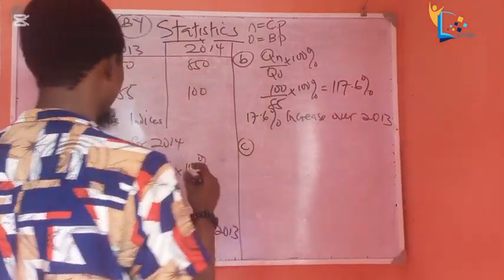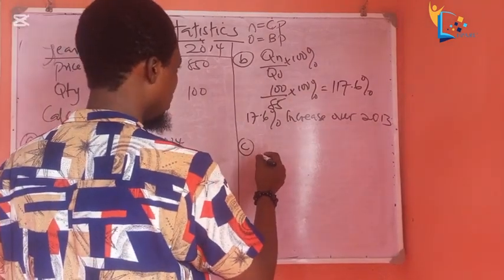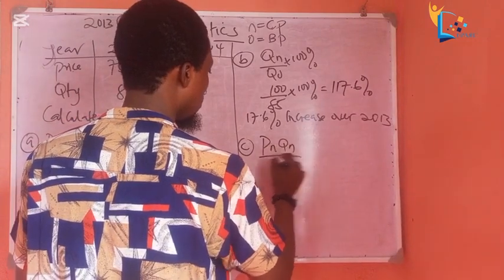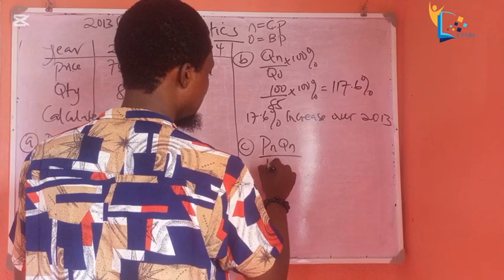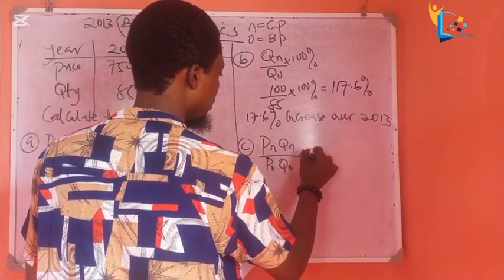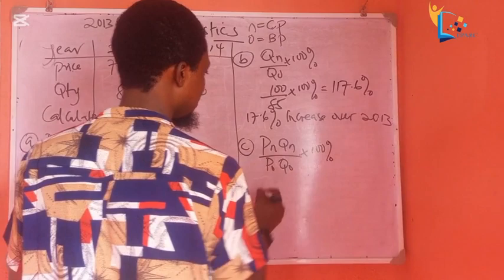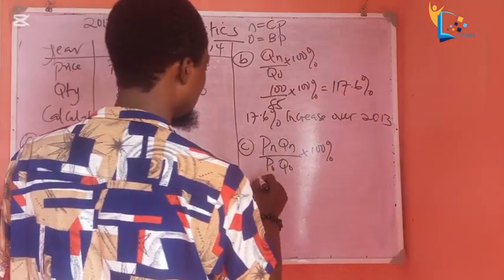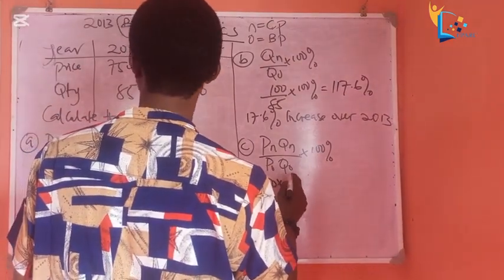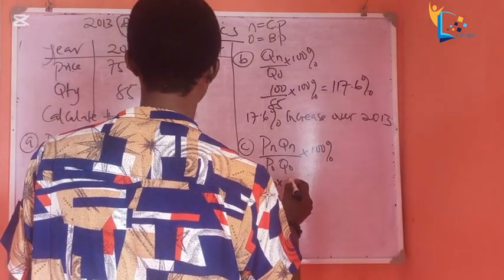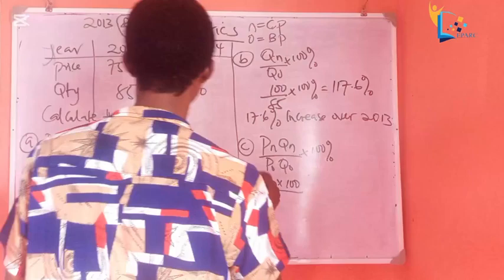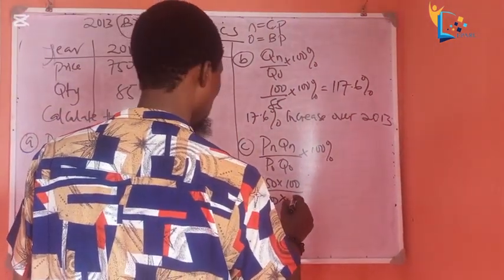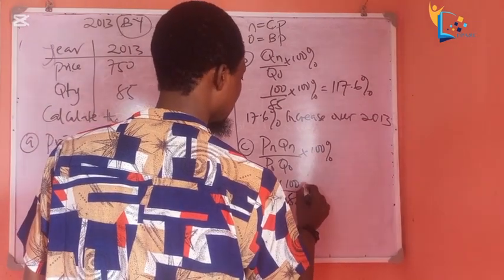Then the last but not the least, the value index. We have PN QN all over PO QO times 100%. Okay, so PN here is 850 times QN 100, all over PO 750 times QO 85 times 100%.